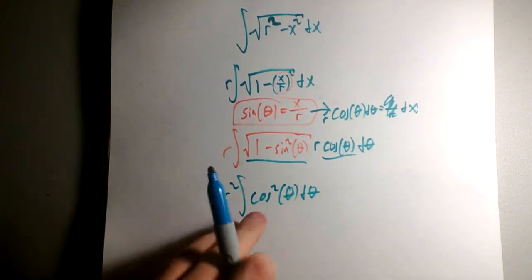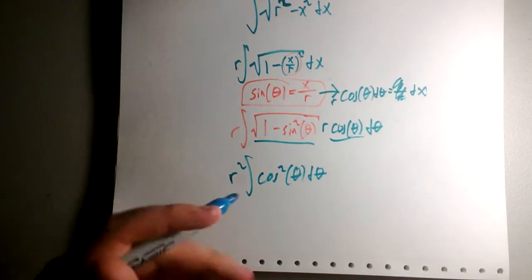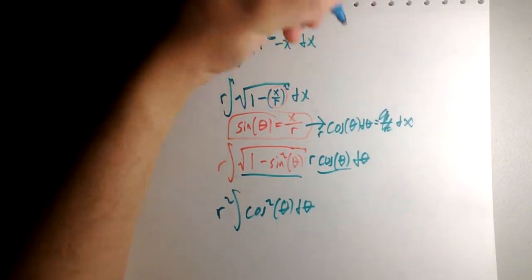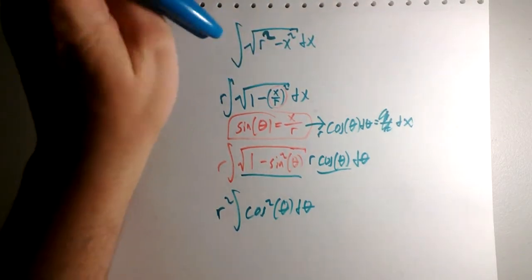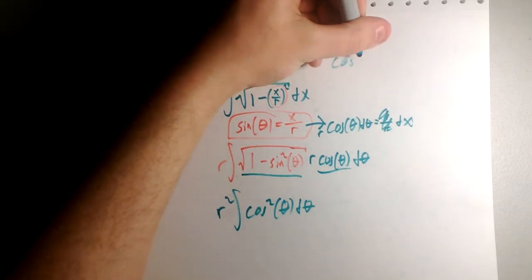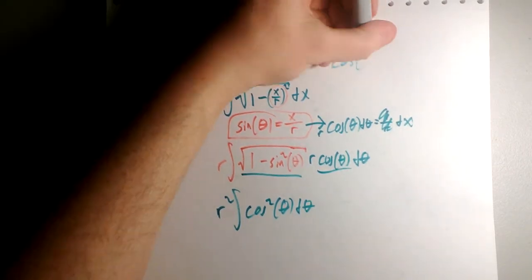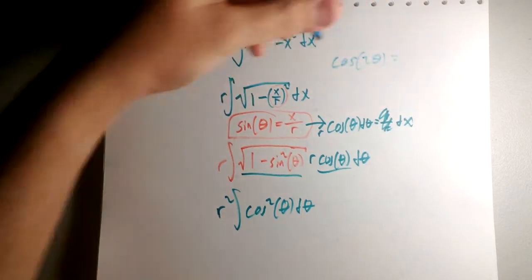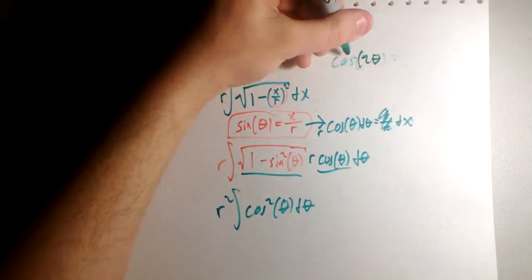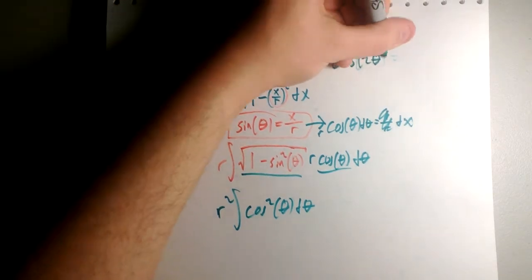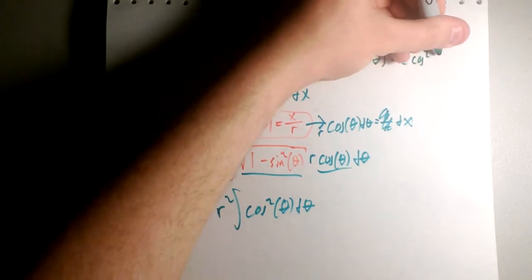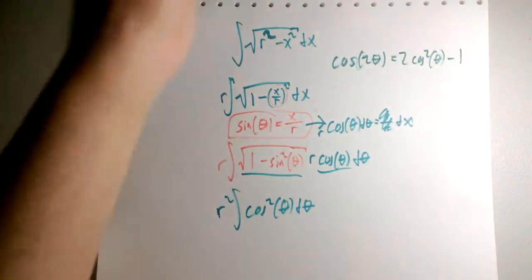So now we have our cosine squared theta d theta. Cosine squared theta, as we saw by the double angle formula, has one corollary: cosine of 2 theta is equal to 2 cosine squared theta minus 1.